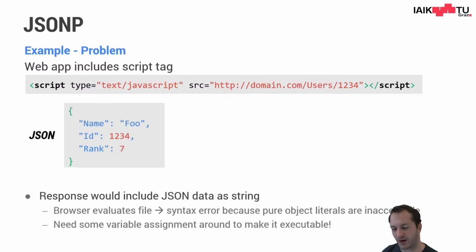And in practice, this can look like exactly the example you see in this slide. So for instance, a website includes such a script tag, as you can see here at the top, where it says domain.com user 1234. So for example, once you load the user record from some domain, the response of the server would exactly be such a JSON object. If you just would load this like this, what would happen?